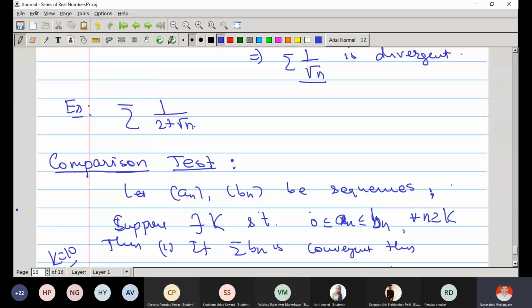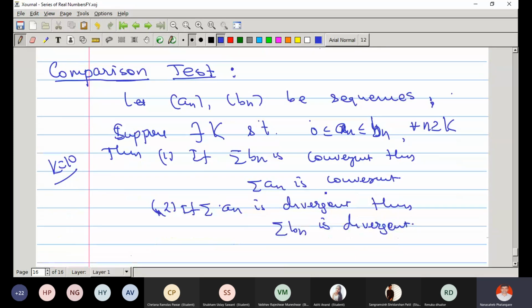So in this previous case, this is true. That means a n is less than or equal to b n, so b n is bigger. And how many terms are not included in this inequality? Only k terms or k minus 1 terms, but these are finitely many terms. That is not an issue.